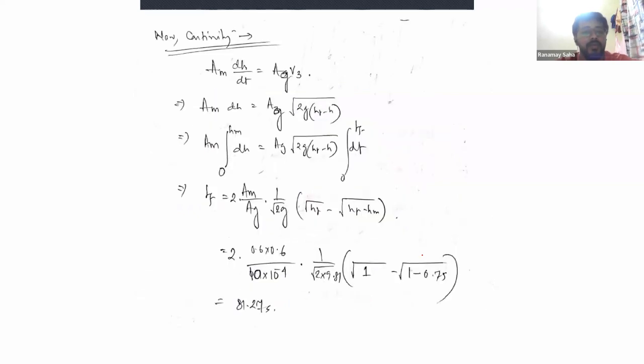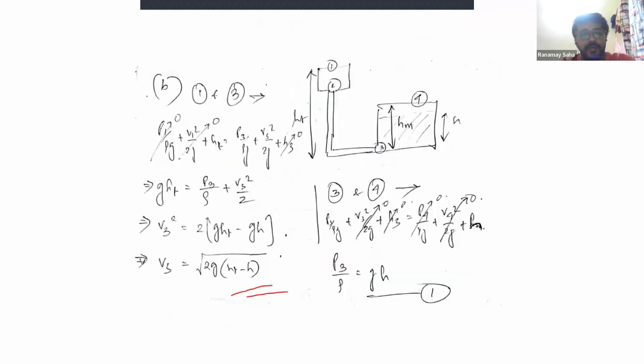Now, using that, you use the continuity equation, which is A1 V1 equals A2 V2. This is the continuity equation. You plug it in here at the mold. We take the velocity as dh/dt, the rate of change of height with respect to time, and at the entry point, we take the area of the gate into the velocity V3, which we have found out right here.